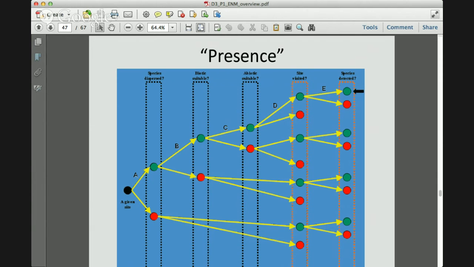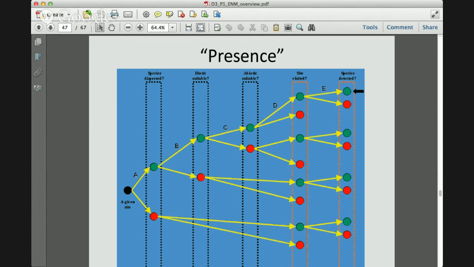So we really have to think about how much we believe a presence record. Presence records will generally be true unless there's an error of identification or an error of georeferencing. But an absence record can very frequently be in a place where the species is actually present. In fact, probably that's why you're doing a niche model, because you want to know other places where that species, or that disease, or that pathogen can occur.